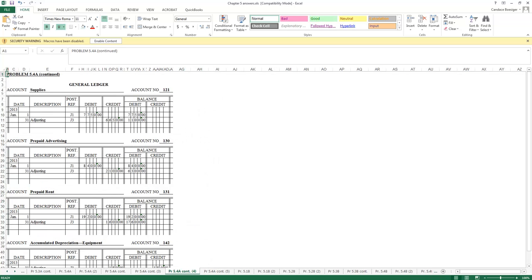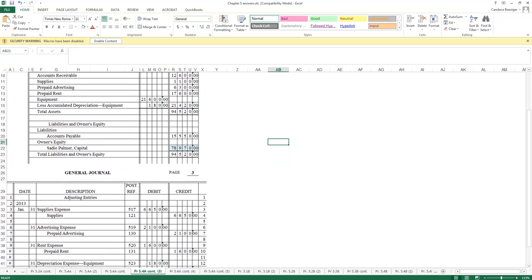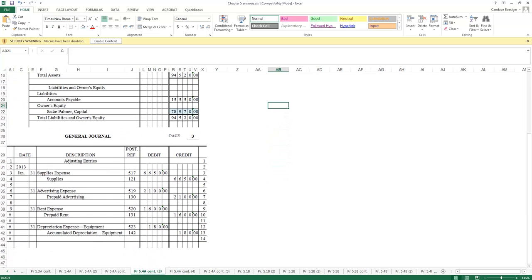So we go over here and journalize supplies expense. We debit supplies expense just like it was in the adjustments column, and we credit supplies. And we do that for all 4 adjustments.